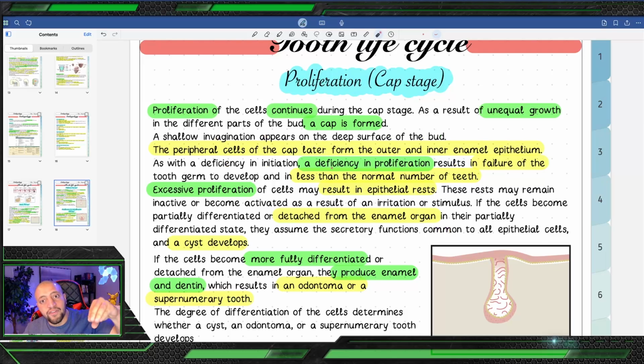And if proliferation is more, because now we speak about one cap, it will end up as an epithelial rest remnant. This remnant will be detached from the enamel organ and stay at the side here. The enamel organ will continue to develop and give us a tooth, everything is fine. But this remnant, if it becomes activated later, will end up as a cyst.